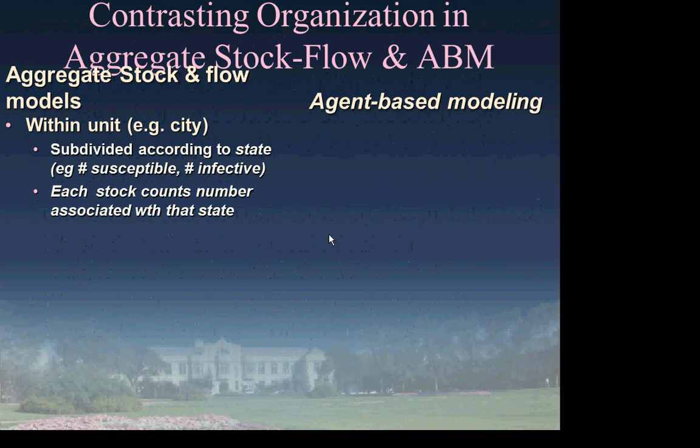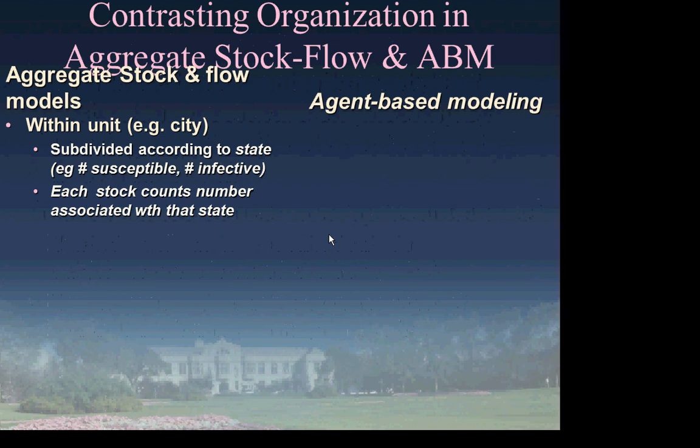In agent-based modeling, we instead organize the model. We don't subdivide according to state. We subdivide according to person, or according to individual. In short, instead of organizing according to state like we do with aggregate modeling, we organize it according to individual distinction, individual person in the population, or individual actor.